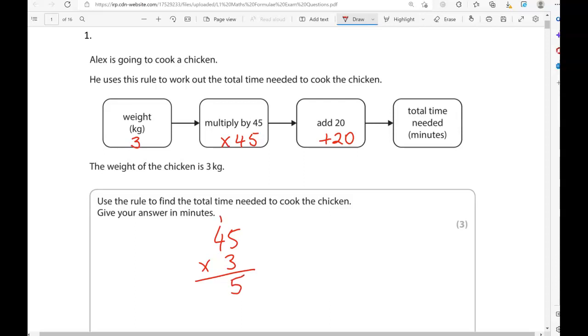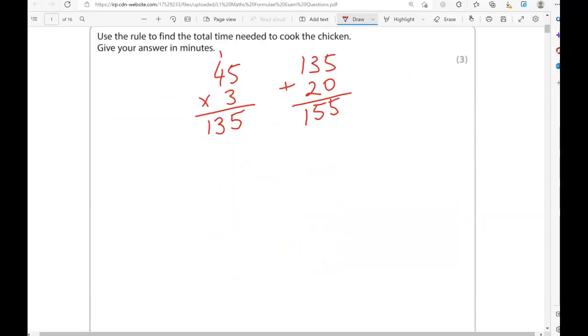We'll put 5 down and won't carry it over. 3 times 4 is 12 and the 1 is 13, so 135. Now the next step is to add 20 to that. So 135, add 20: 5 and 0 is 5, 3 and 2 is 5, 1 and 0 is 1. So 155 minutes in total.